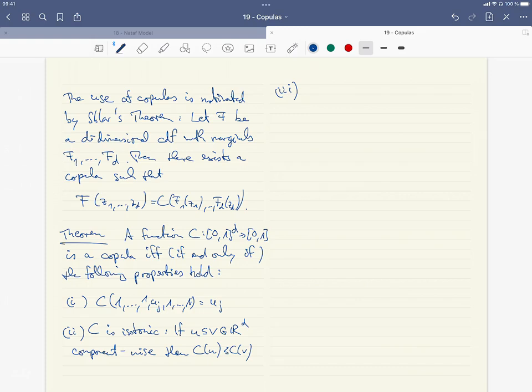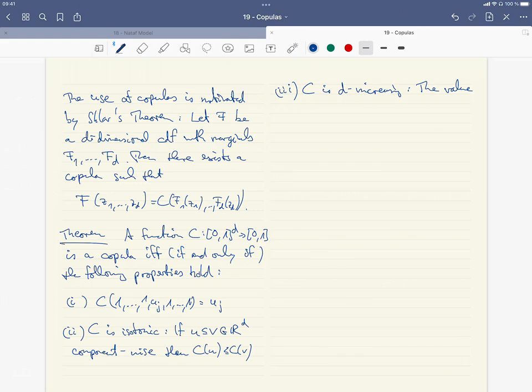And then finally, I want to explain the last component. It's called d-increasing. It's actually another way of expressing this monotonicity.